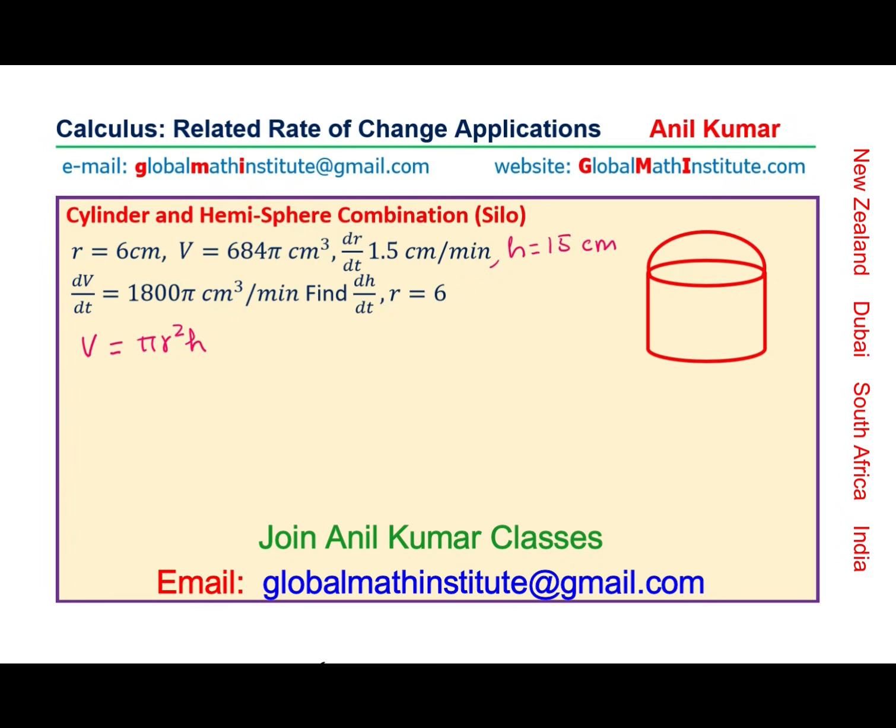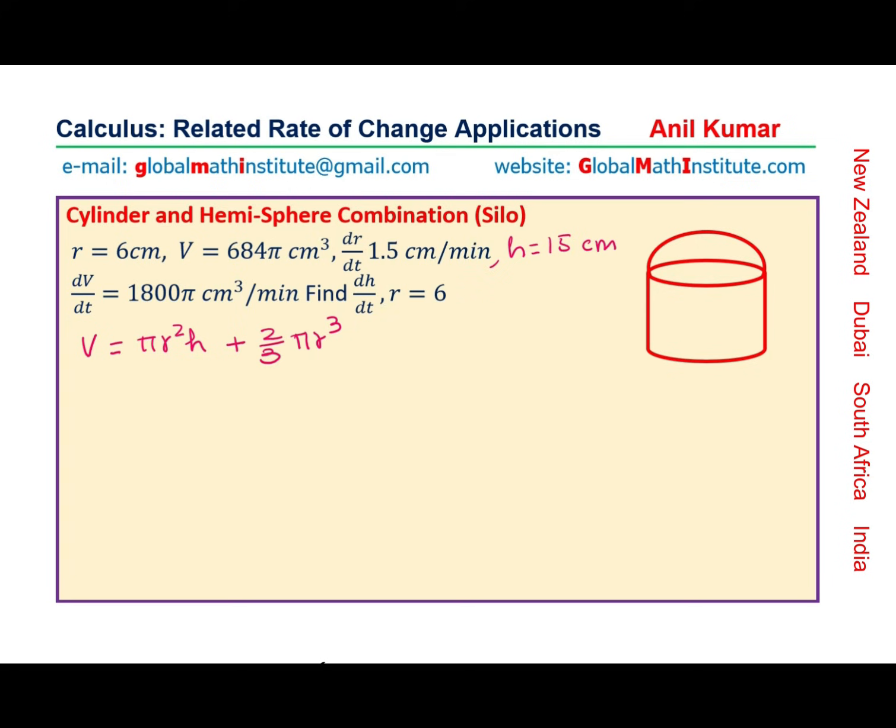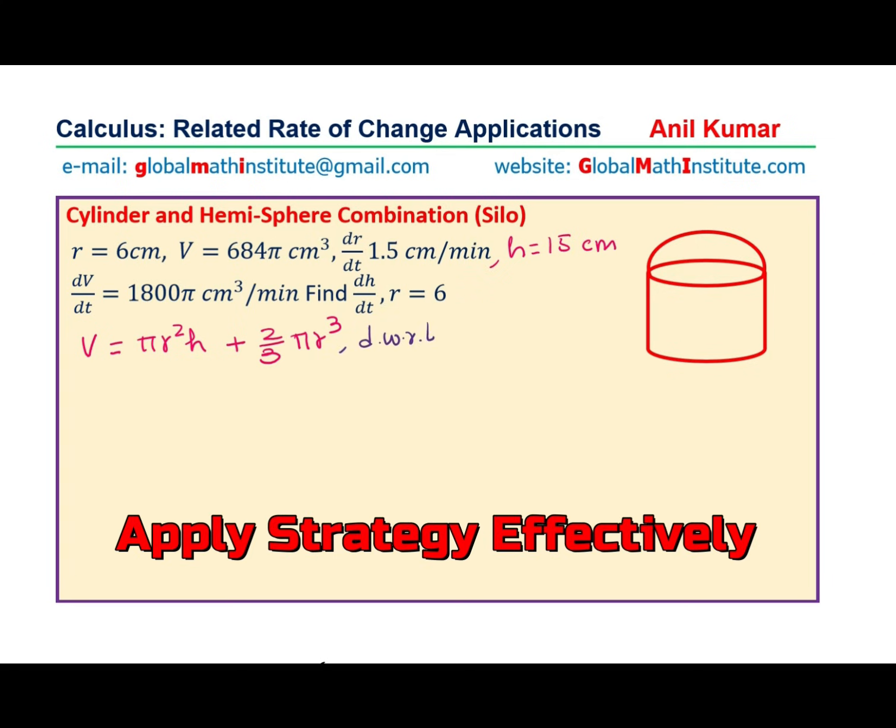Perfect. Great. Now let's begin with the volume formula, which is pi r square h, that is the volume of the cylinder, plus half of 4 by 3, so 2 by 3 pi r cube. So now we need to differentiate with respect to time. Remember, both r and h are changing, so we need to apply product rule for the first term. So what do we get?